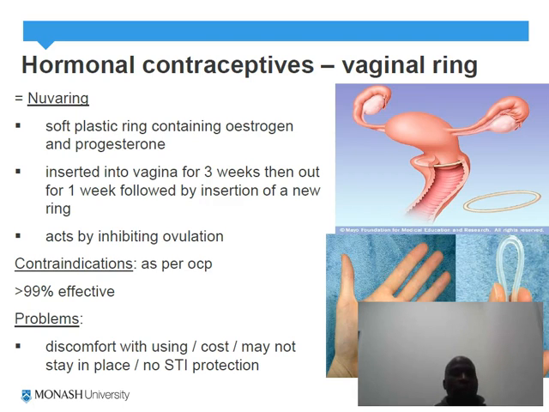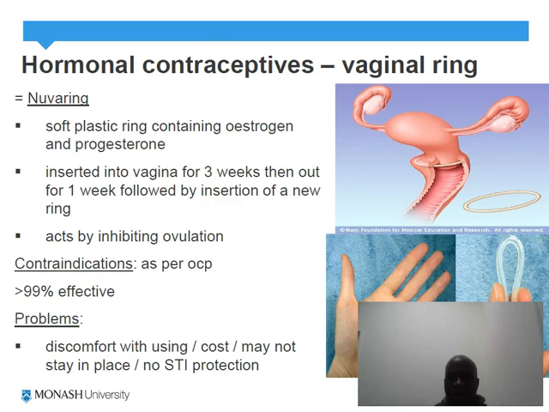Okay. So there are contraindications to such a contraceptive, the same contraindications as for the OCP, so also look at the OCP. It is 99% effective. The problem associated with the vaginal ring is the discomfort of using it.